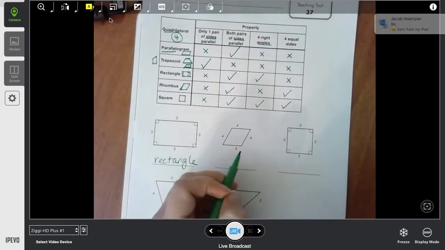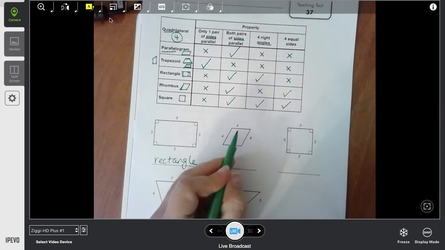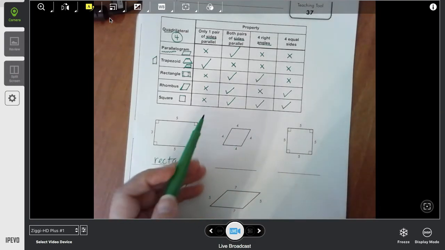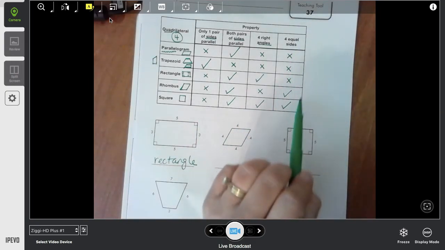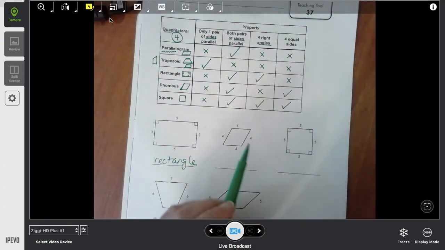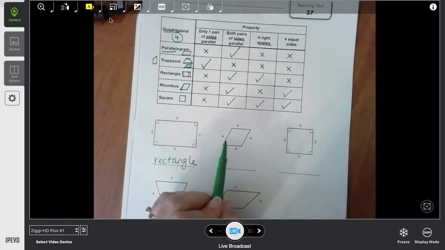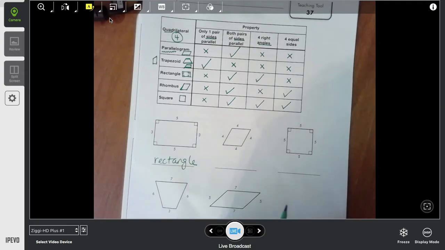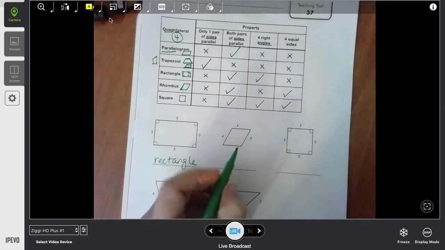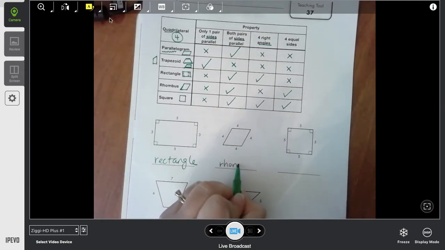Okay, let's look at this one. 4, 4, 4, and 4. We have four equal sides. The only two that have four equal sides are a rhombus and a square. It does not have four right angles, so it can't be a square. Squares have to have those right angles. So this one is a rhombus.